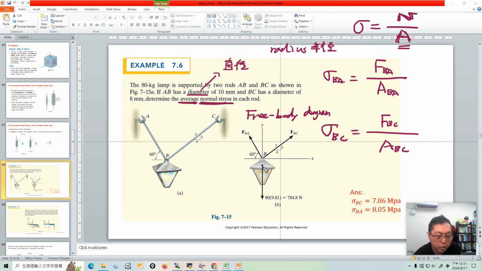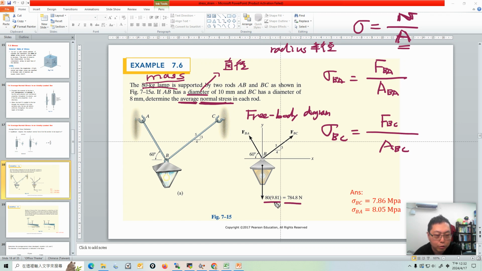The load is 80 kilogram, but be careful: this is a mass. Now we want to do the static force balance, so we have to convert the mass to force. In this problem you have to multiply by 9.81. Kilogram times the acceleration is equal to its weight, and weight is a force.